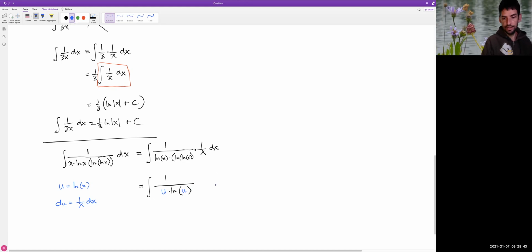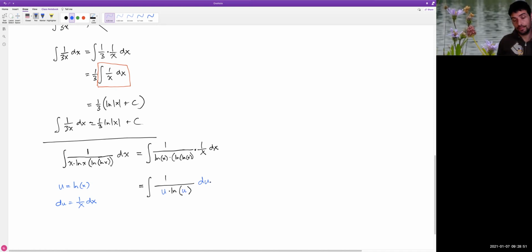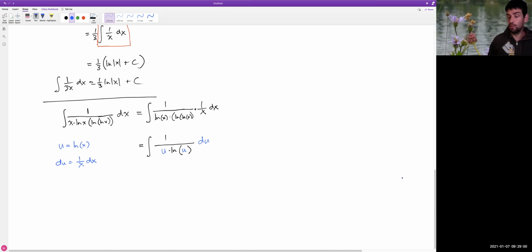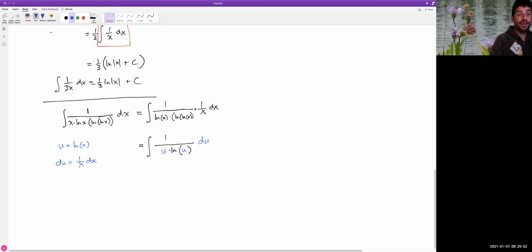And then the 1 over x dx becomes the du, okay? So I've replaced everything I can with that substitution, okay? I've still got an ugly integral, right? I don't have 1 over u, I've got this other thing with it. Well, we can substitute again.